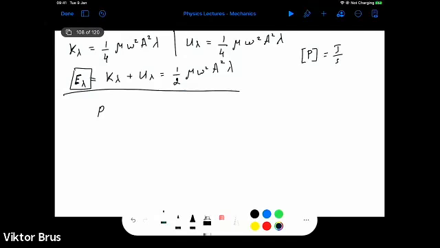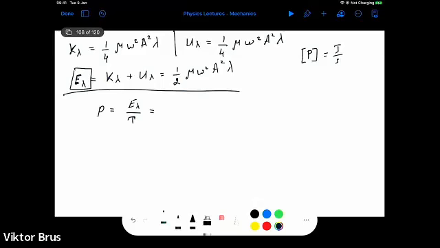So in this case, P is equal to E lambda divided by T, because all of this energy, E lambda, is transmitted through each element of the string in a time interval equal to the period of the wave.